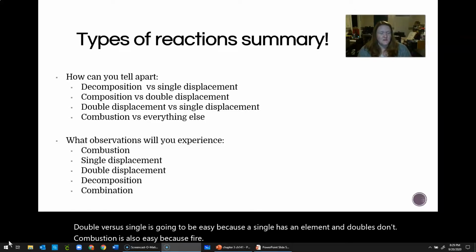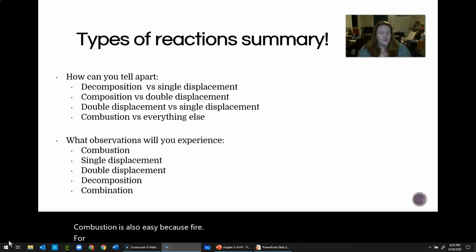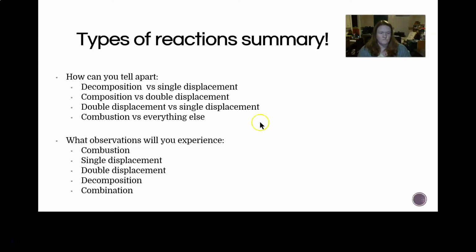For observations, combustion is fire. Single displacement, you might see bubbles or a deposit form. A single displacement, again, you're going to see a solid or bubbles, which is typically hydrogen gas.